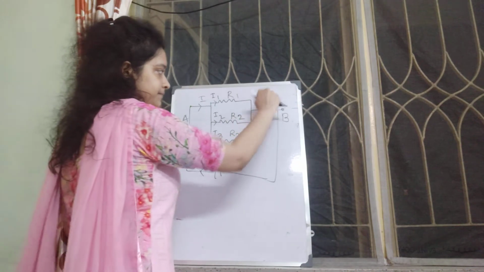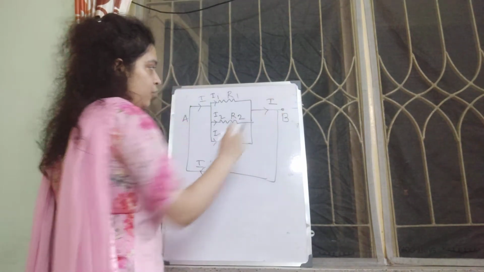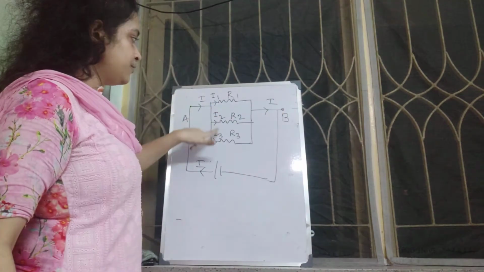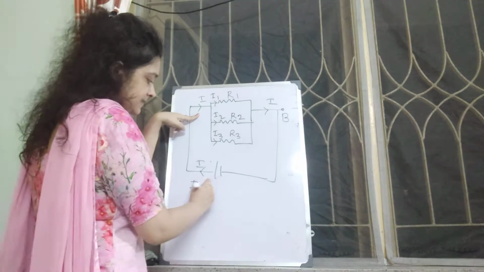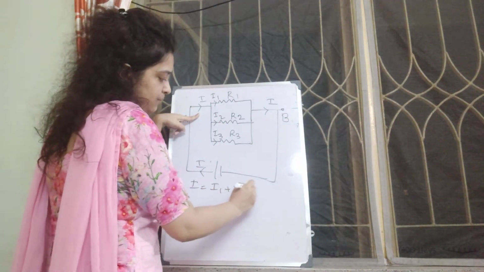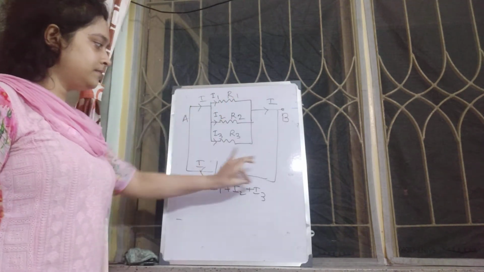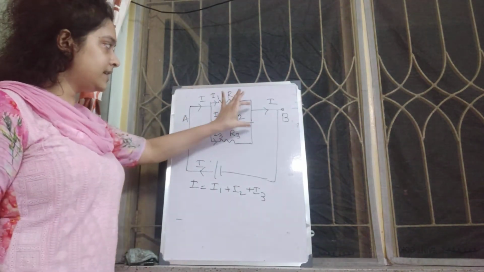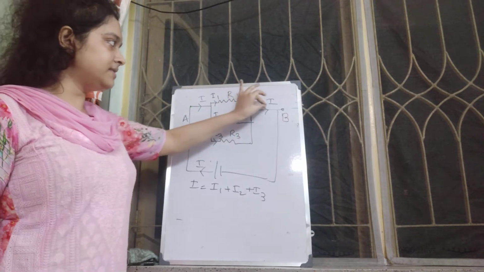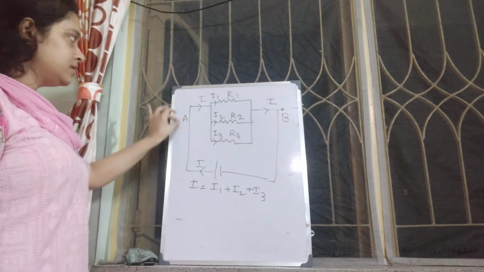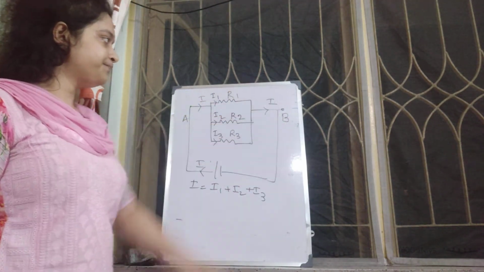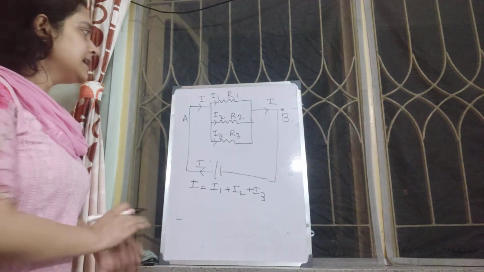Obviously, in this case, I equals I1 plus I2 plus I3. Now when they move out of these resistances, the current I will again flow, gets distributed like this.